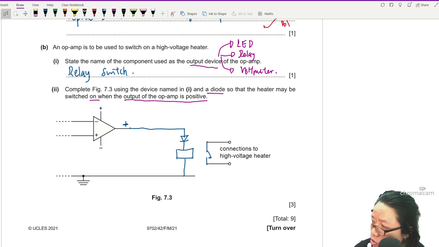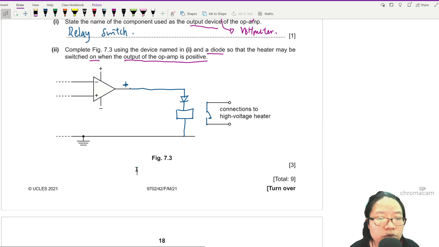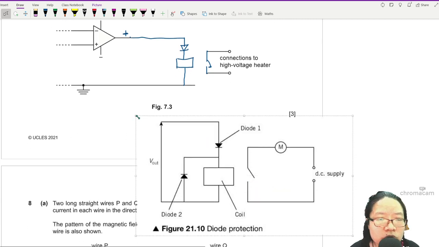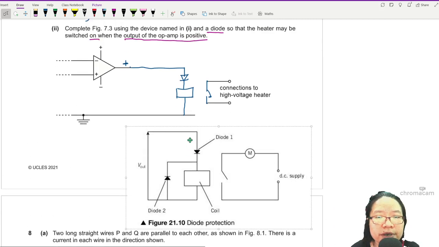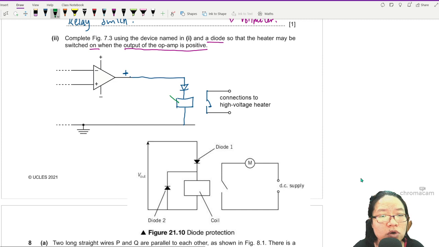CIE convention will normally draw the relay switch like this. Normally the relay switch is placed this way. So you can draw a box here, and if you really want to label, you could label this one coil.